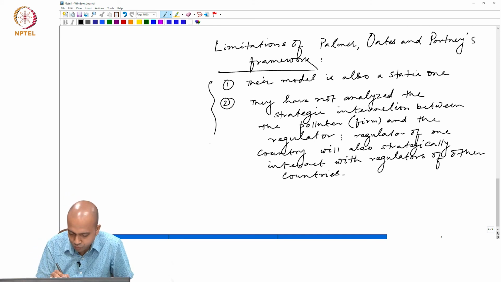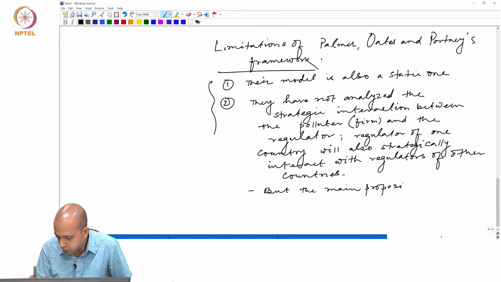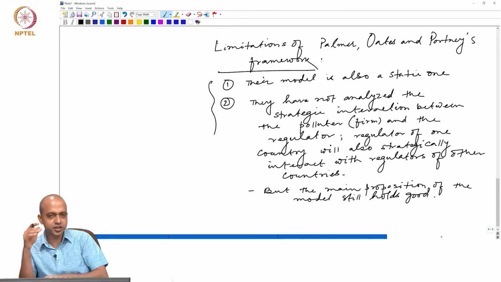The main proposition of the model still holds good, even if you make the system dynamic.